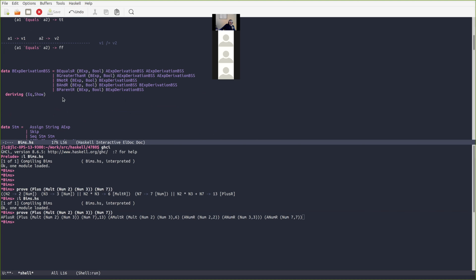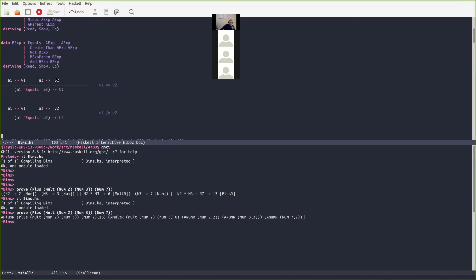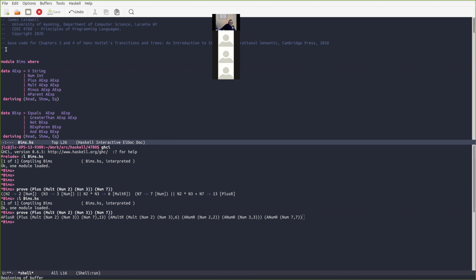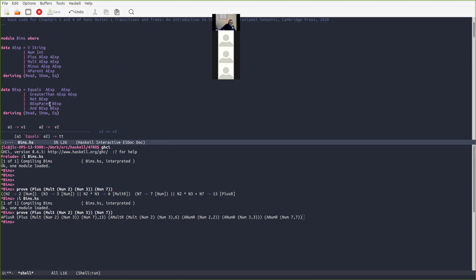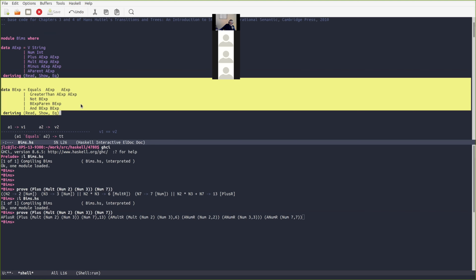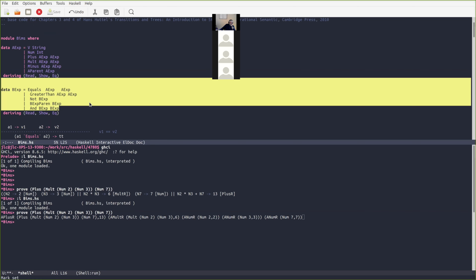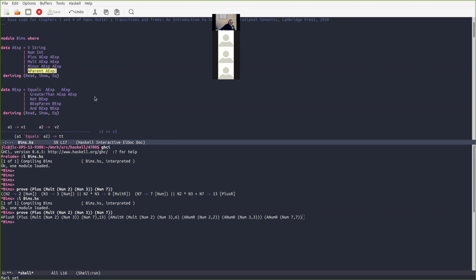In the original B expression definition, I'm having trouble understanding the paren because it's B expression paren B expression. Is there supposed to be two B expressions there, or is that just defining paren as different from the A expression paren? No, the A expression paren also just has a single A expression.